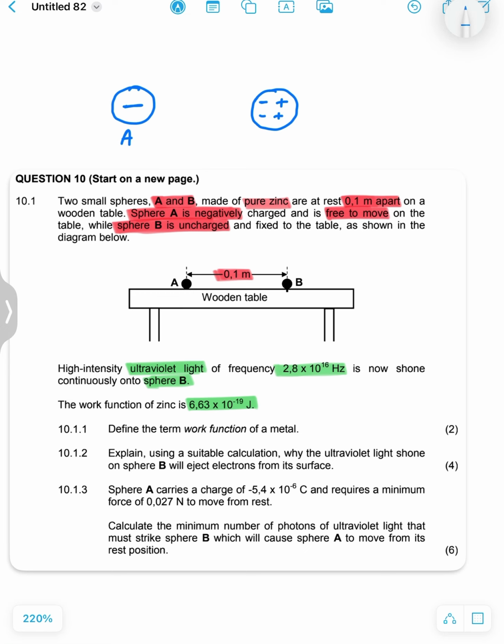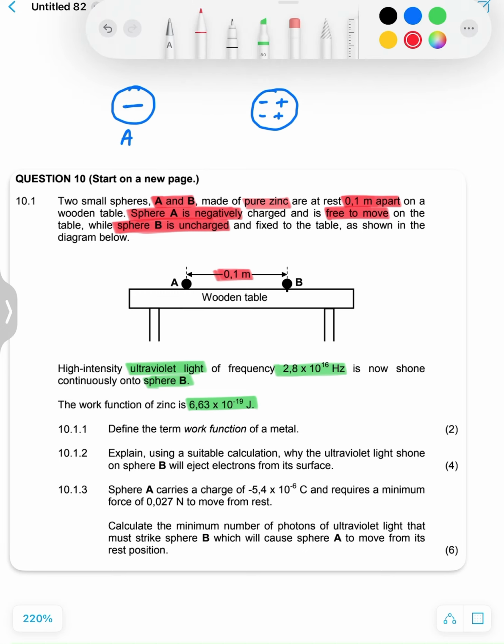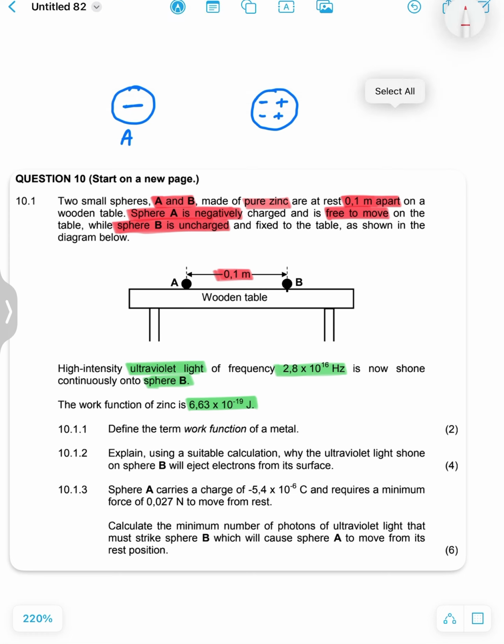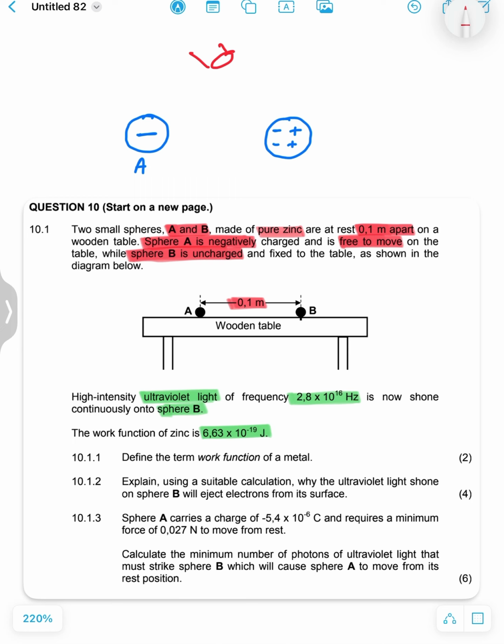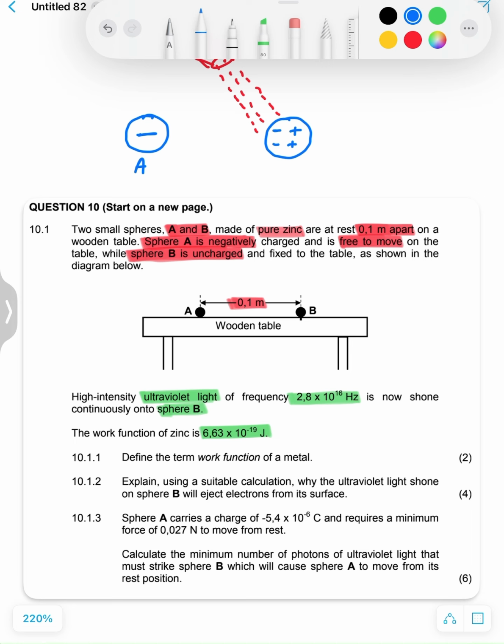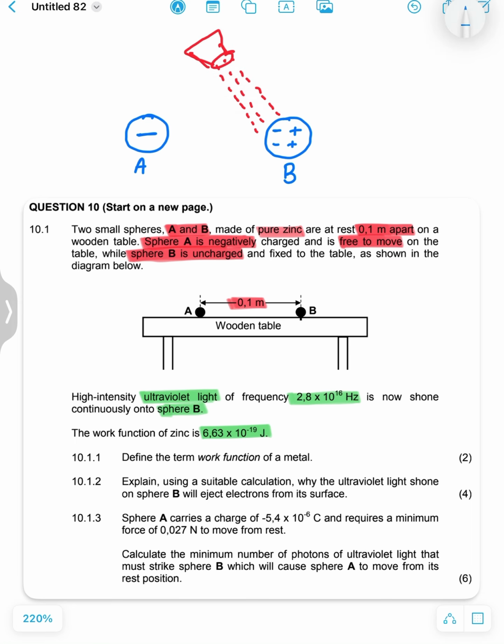So what you have here, you have a light source, and the light is shone on sphere B. When the light is shone, we know that light is made up of particles, and we call them photons.